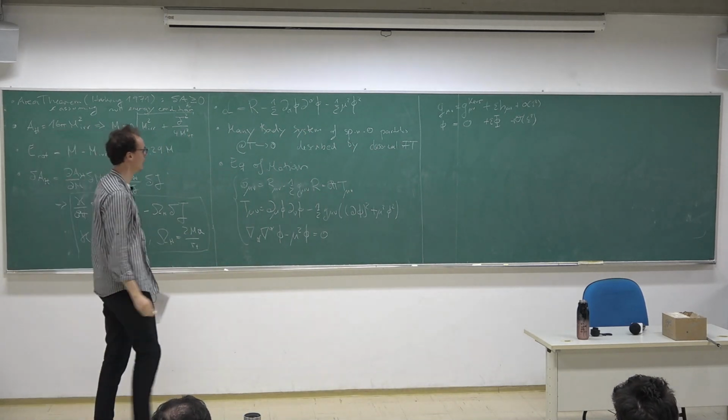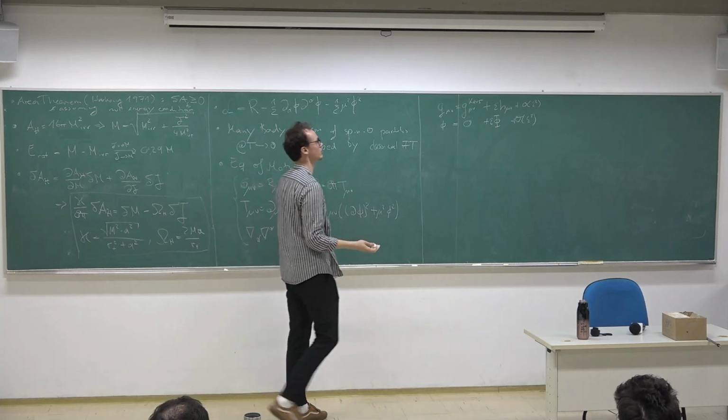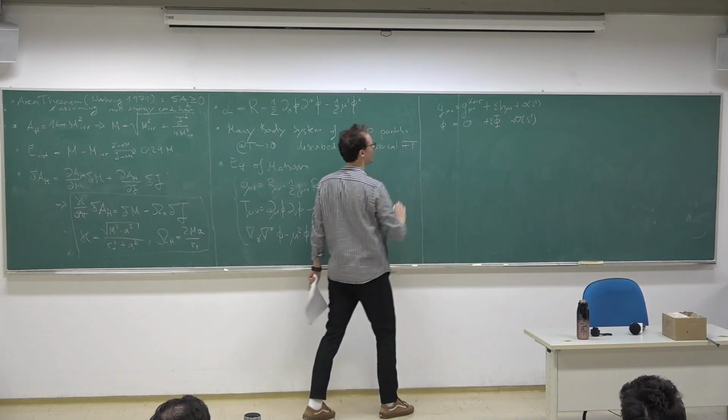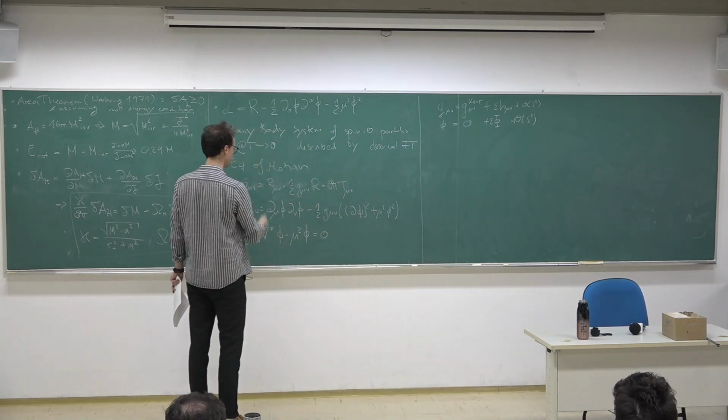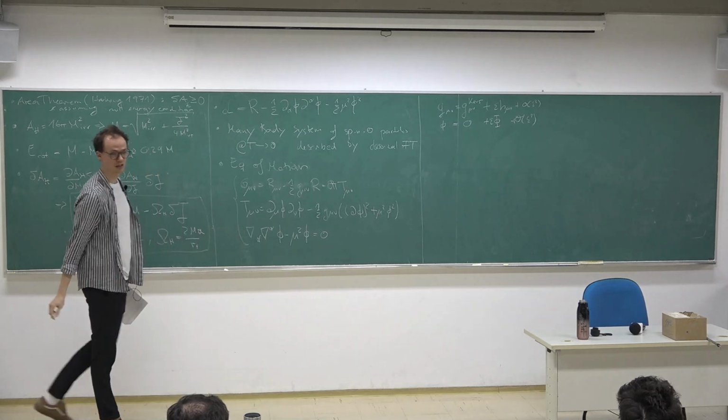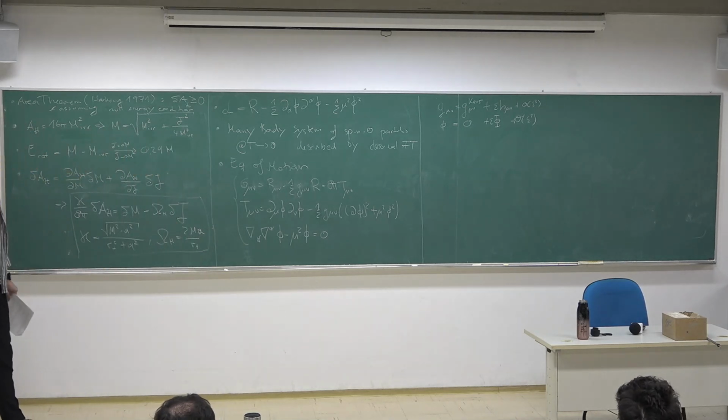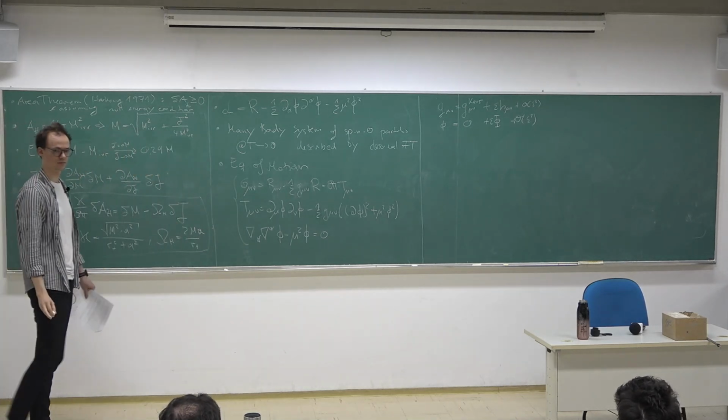The way to do this is just regular perturbation theory. You take g and phi, expand them in epsilon like this, plug them into the equations, and expand the equations order by order in epsilon.